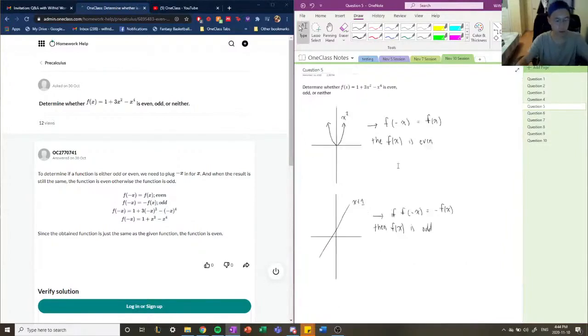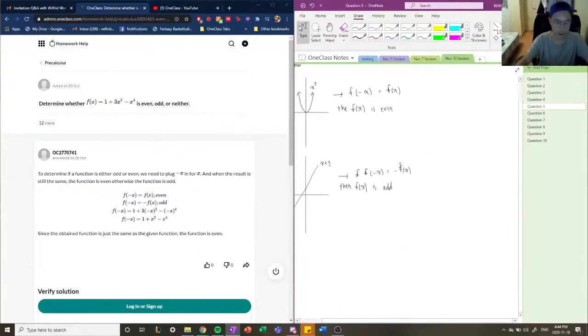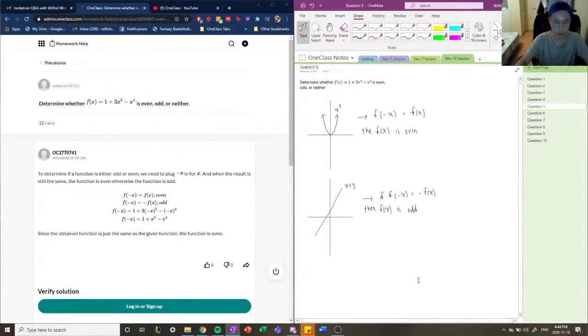Now going back to our question, it is asking us to determine whether f of x equals 1 plus 3x squared minus x to the power of 4 is even, odd, or neither. So let's test it out. Let's plug in f of negative x, so any negative x value.